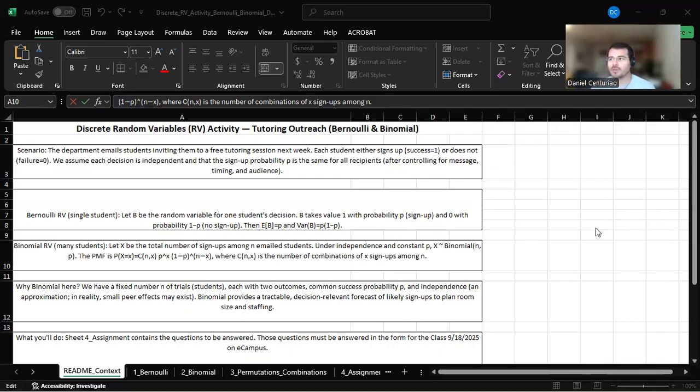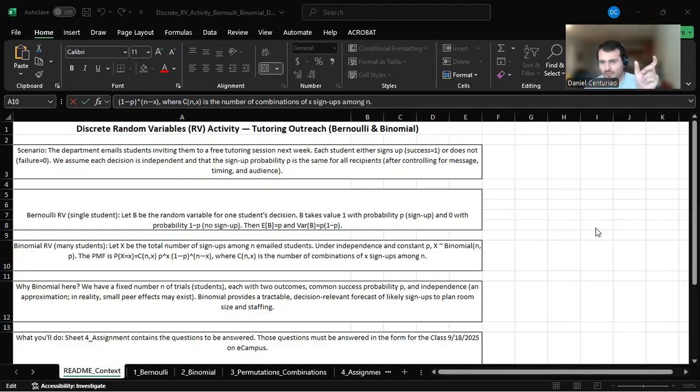For one specific student, the outcome is either sign up or not. So we can think about the sign up being a success for us, which can be translated into the number one, for example.